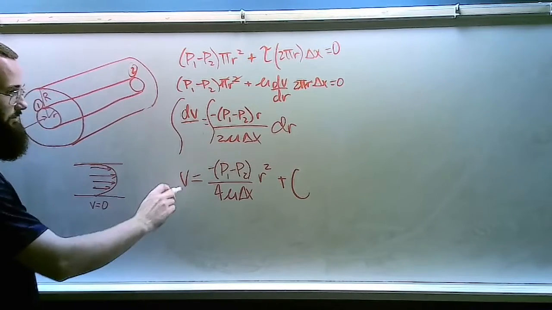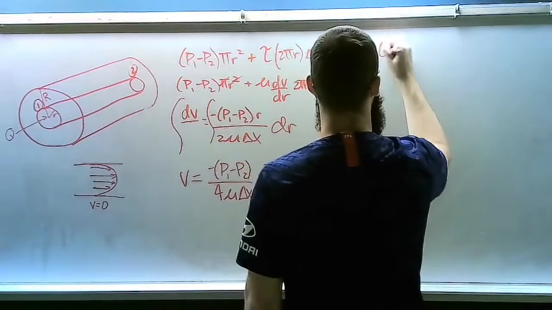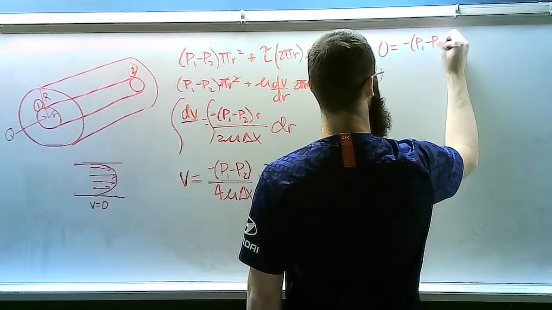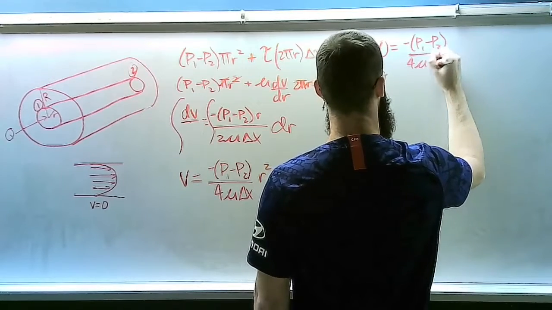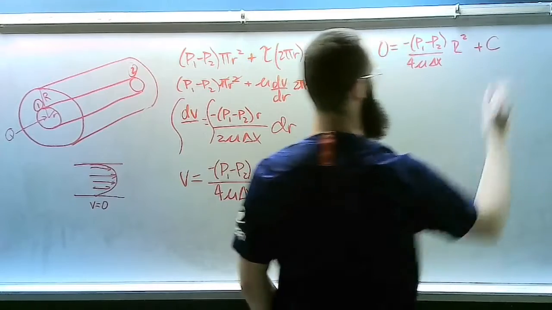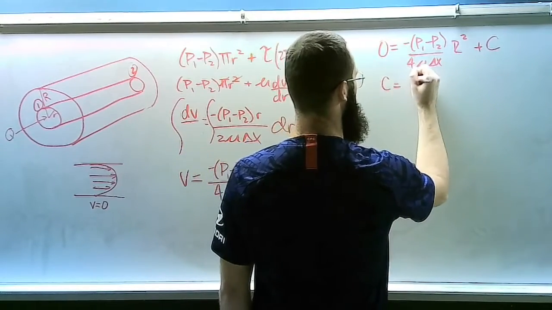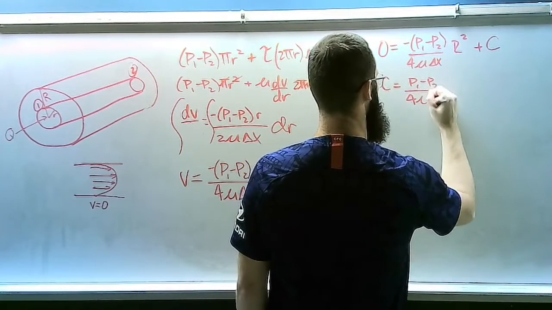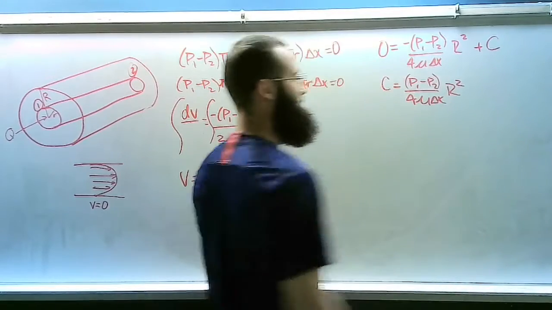So we plug in V is equal to 0, and r is equal to uppercase R, which gives us 0 equal to negative P1 minus P2 all over 4 mu delta x r squared plus c. So now you can see that c is equal to P1 minus P2 over 4 mu delta x R squared.